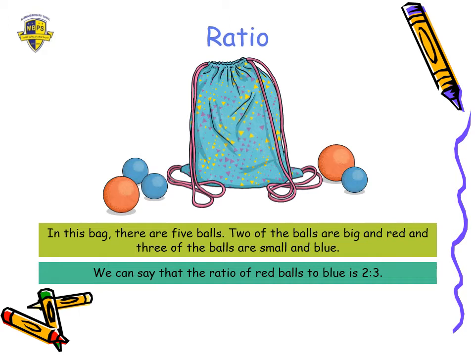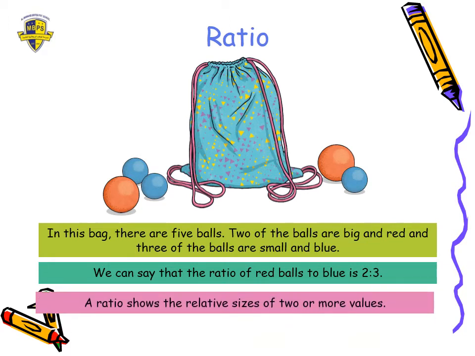Red balls, how many red? 2. How many blue? 3. Excellent. So here the ratio of red balls to blue balls is 2 to 3. And this is the ratio.